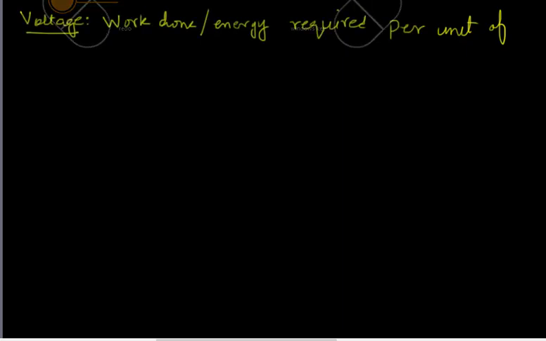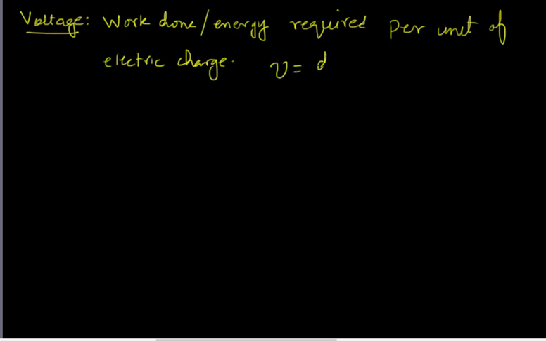Actually, it's the energy that is given to just one electron. So dW, work done per unit charge, dQ. This is the voltage definition. It's nothing fancy. It's a very simple idea.